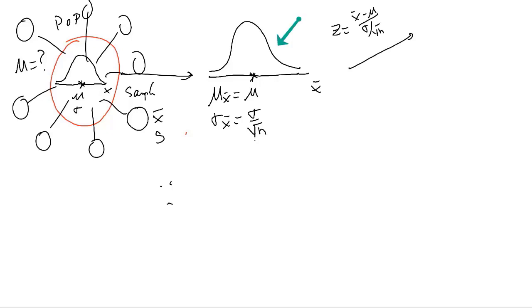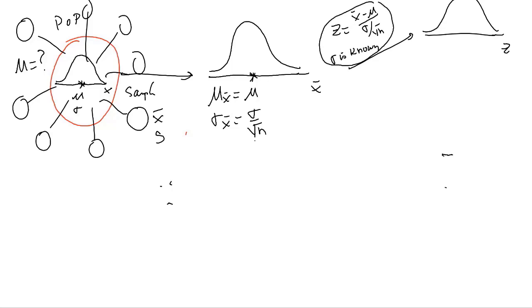And we can transform this into the standard normal distribution, but that indicates that sigma is known. But this case is very strange. How can we know the standard deviation if we don't know the mean of the population? The fact is that usually we don't know the standard deviation, sigma is unknown.